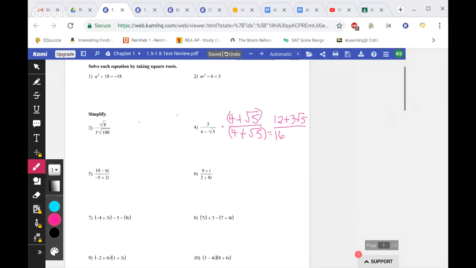So I would square the 4, 16, and then negative root 5 plus root 5 cancels, leaving minus 5. And then that gives me 12 plus 3 times root 5 all over 11. And that's my final answer.